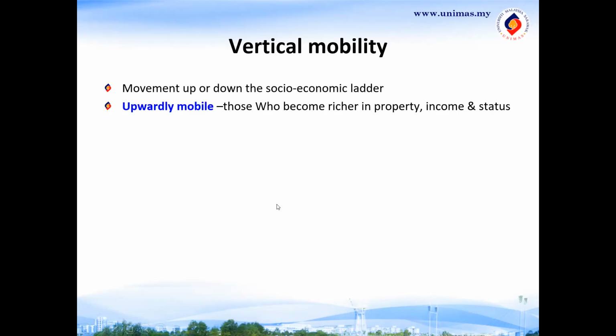So upwardly mobile refers to those who become richer in property and income as well as status. That's upward mobility. On the other hand, there are people who move down. Yeah, downwardly mobile, moving in the opposite direction. Instead of going up, this person or group of people, in terms of their status, go down.